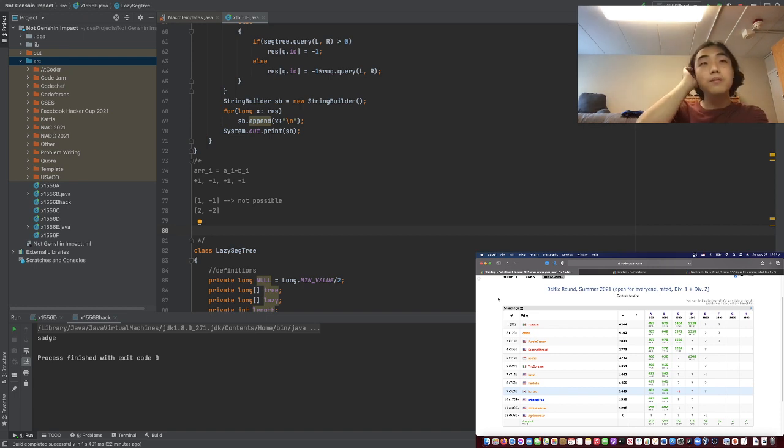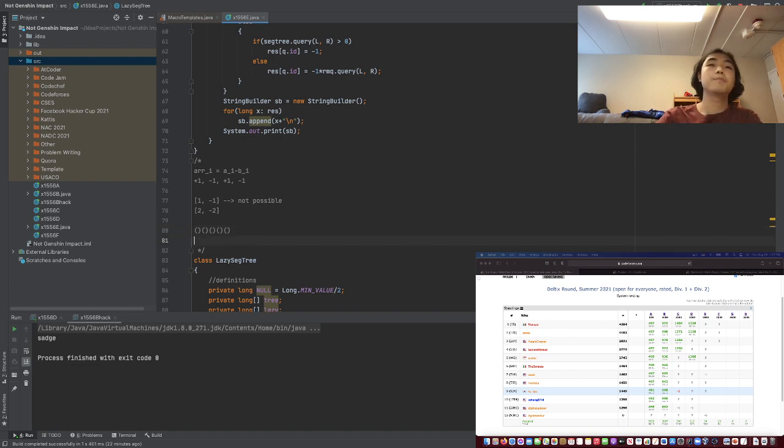Right, for problem E, basically what you can do is think of these +1 and -1 values, and we can assign an opening bracket as a +1 and a closing bracket as a -1, and we basically want to decompose this subarray into the minimum number of these bracket sequences.